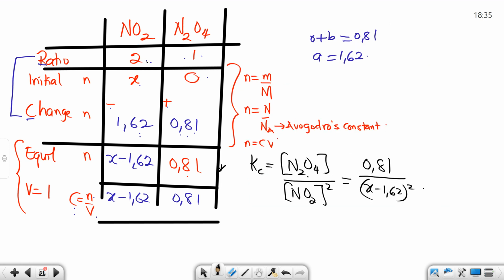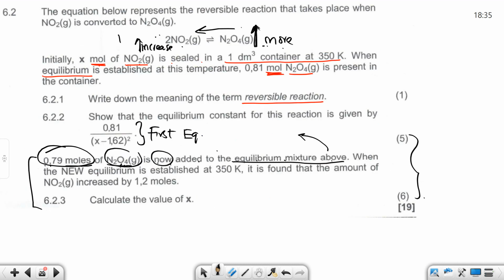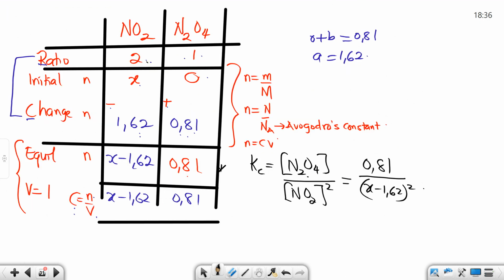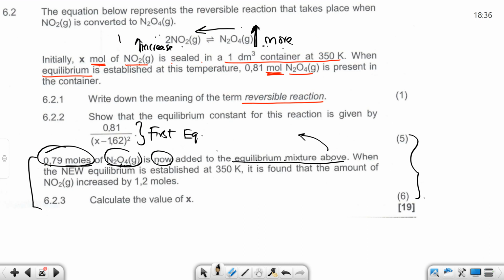0.79. Is it 79? Yeah. Plus 0.81. Now, please talk to me. Why is it not a change? Because, check this. Look at this. Are we okay, everybody there? When the new equilibrium is established at 350.